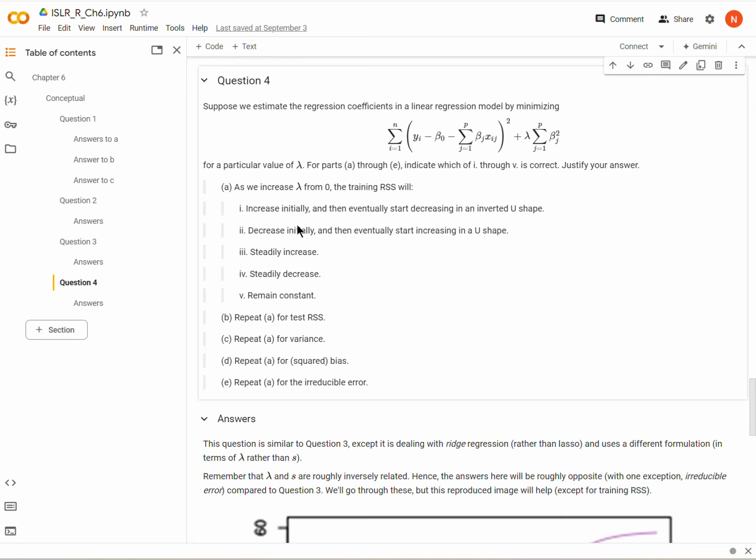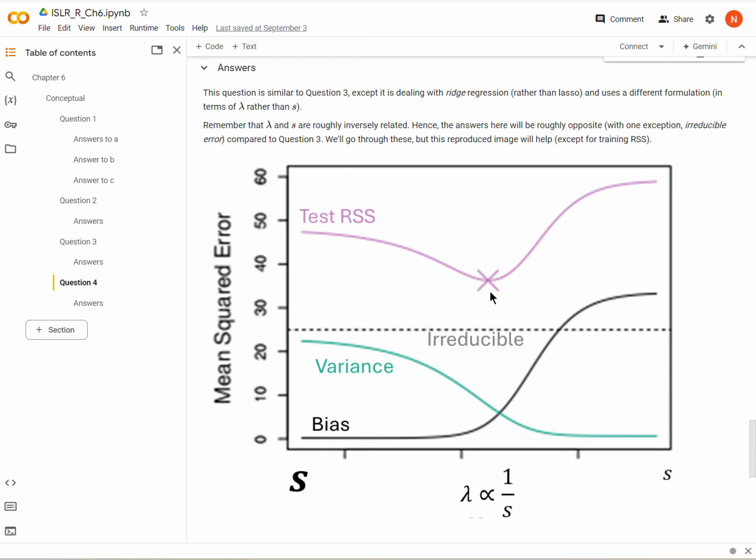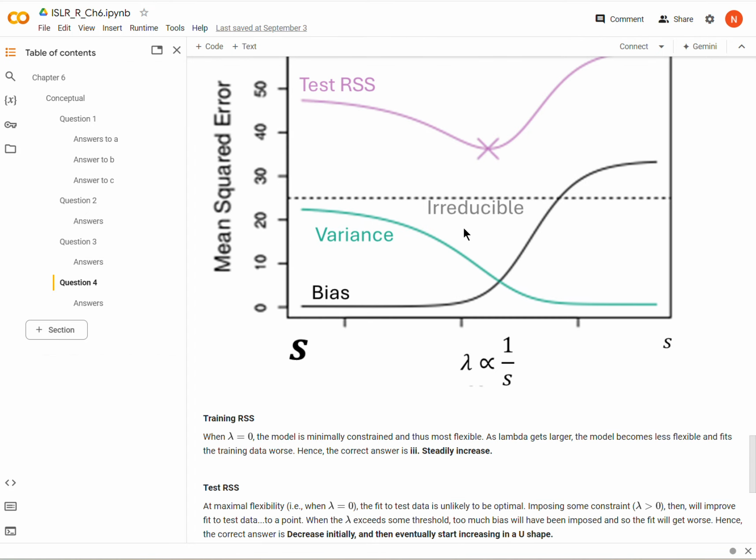We're meant to say whether each component increases initially, has a U-shaped curve, steadily increases, steadily decreases, or remains constant. For this, we can use the image present in the book and read from left to right, just as it's presented there. We'll go through all of these.